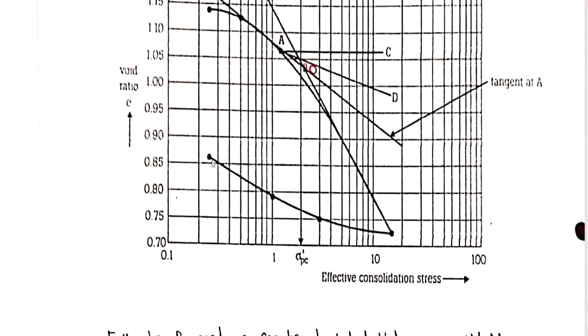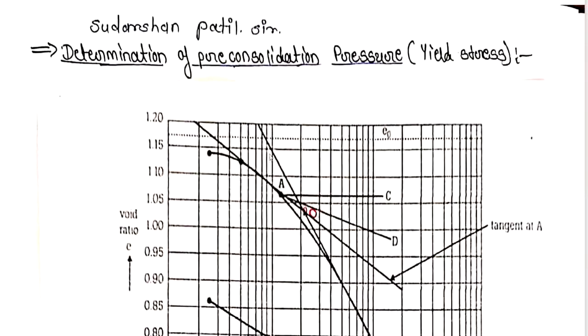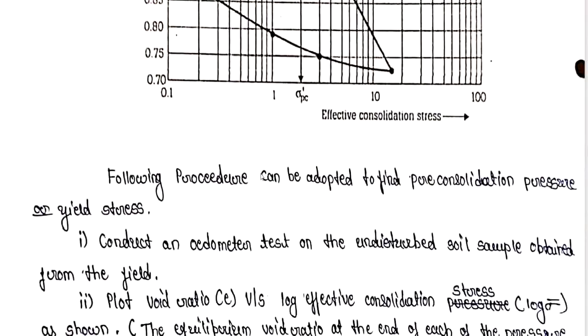You can see over here this is the compressibility curve which we are using to determine the pre-consolidation pressure. To determine it, the following procedure is to be followed. A pre-consolidation pressure is also called the yield stress.